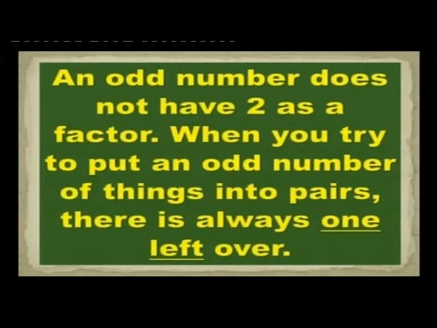Like 3. You put 3 stones, you try and put them together in pairs, there will still be one left out. One is the remainder. You only pair one.